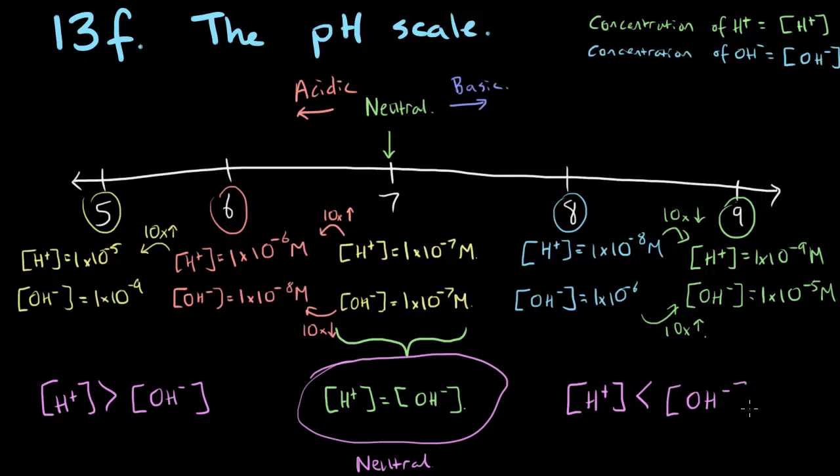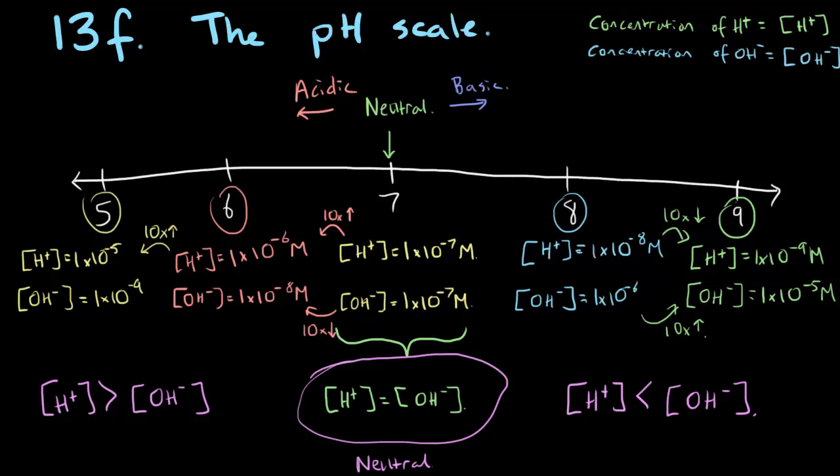So the pH scale is actually helping us to compare how the concentrations of H+ and OH- differ from that of the neutral solution. And like I said, every one change in the pH scale is actually representing a 10 times either increase or decrease in the concentrations of these two substances.